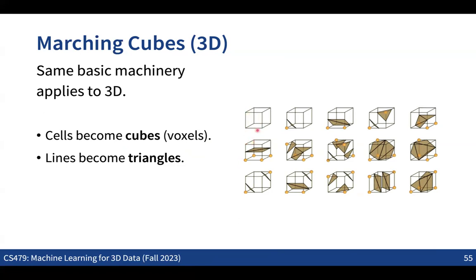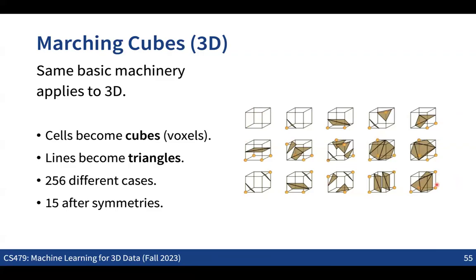And once you also group all the equivalent cases, these are some representative examples for each of the groups. And you can see that after grouping all these symmetric cases, we now have 15 groups like this.